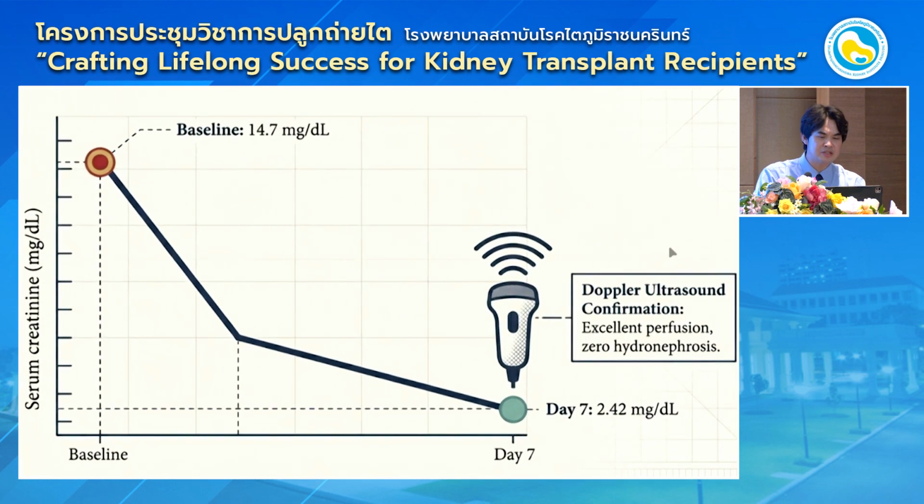Here we see the patient's serum creatinine fall sharply from a baseline of almost 15 to 2.4 within a week. This immediate drop is a strong sign of early graft function. Doppler ultrasound confirms good perfusion with no evidence of hydronephrosis.